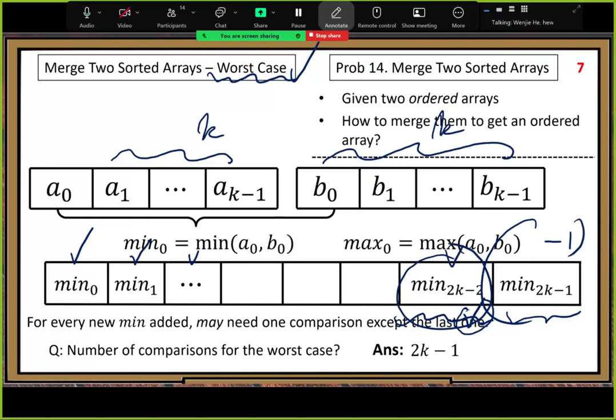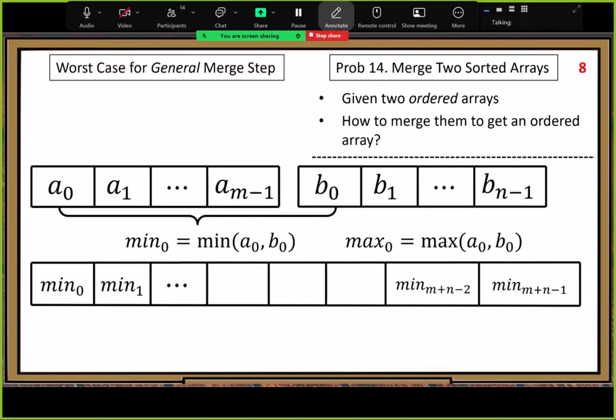Next, let's look at the worst case for the general merge step. Because in the previous slide, the A subarray and the B subarray had the same size, K. But this time we want to consider the general case.